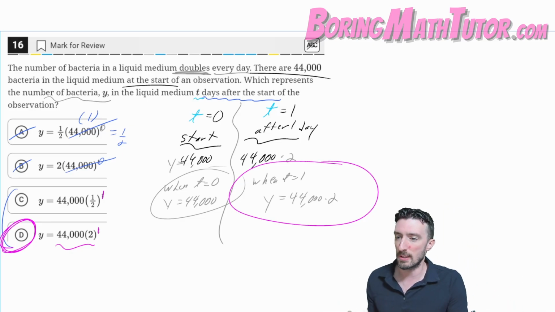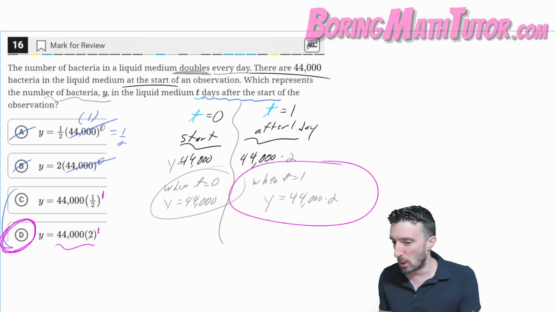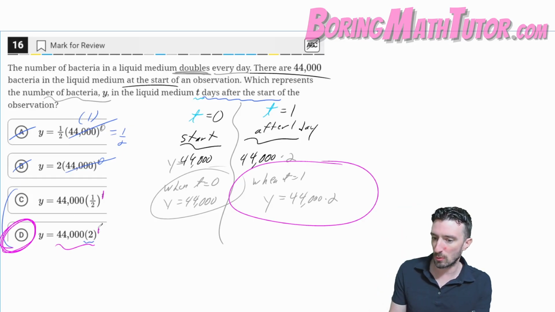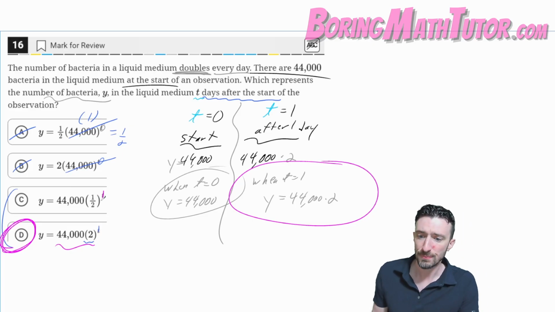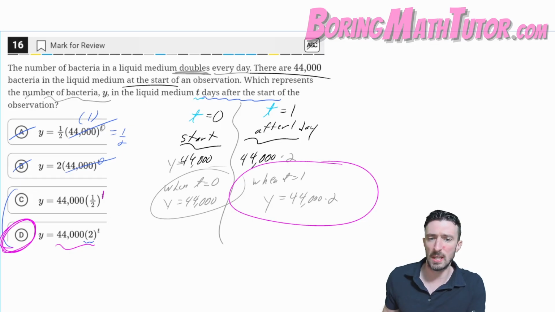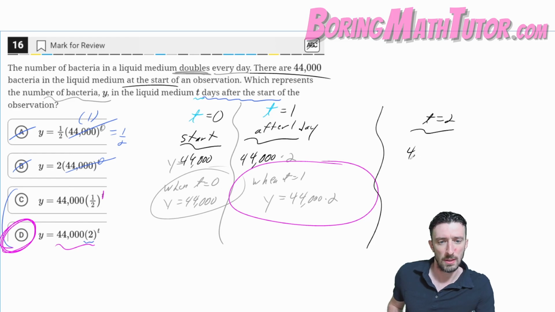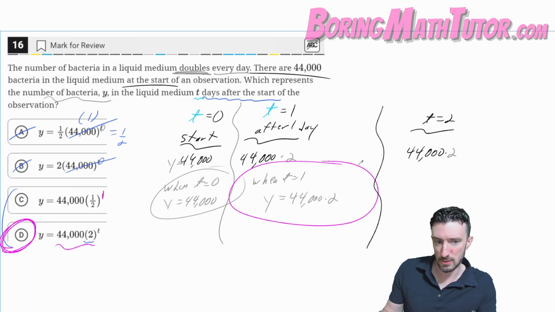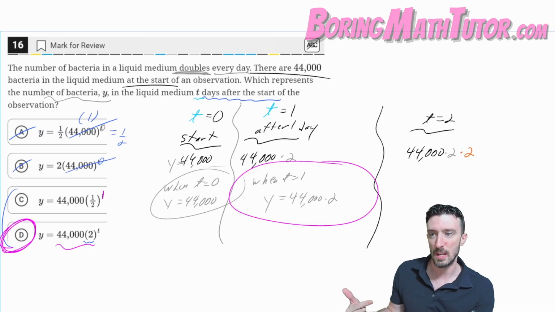You might have noticed right off the bat that we are multiplying by 2 to the 1 if we just plug in the 1. So plugging in the 1 at the very beginning could be helpful. But also just recognizing that if I were to have continued this process when T equals 2, then it should have been 44,000 times 2, but times another 2.